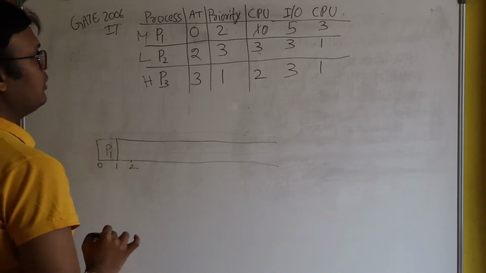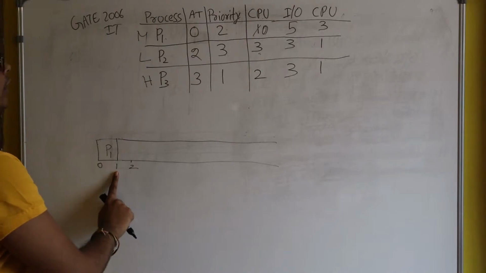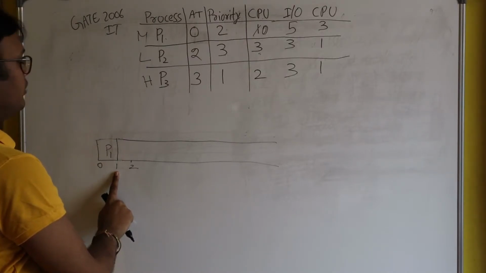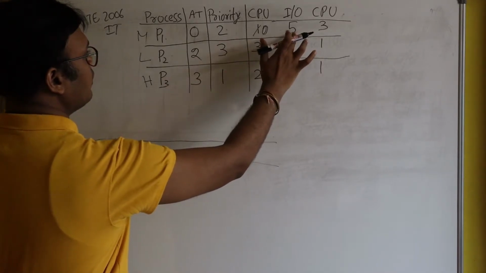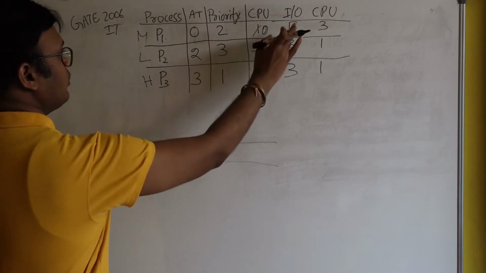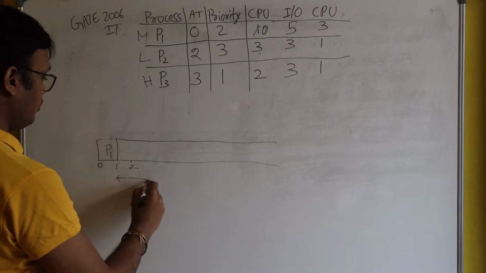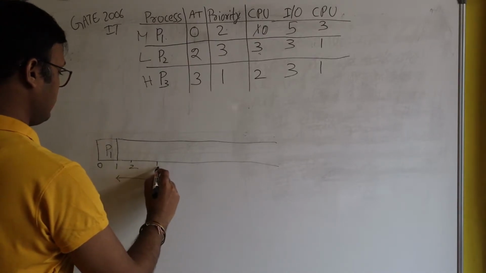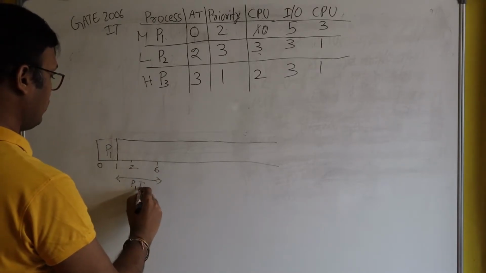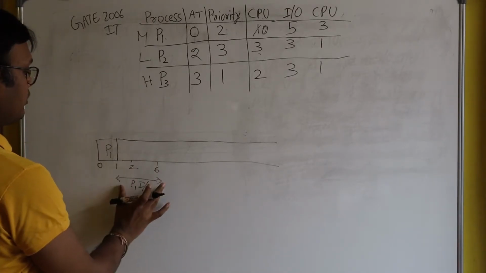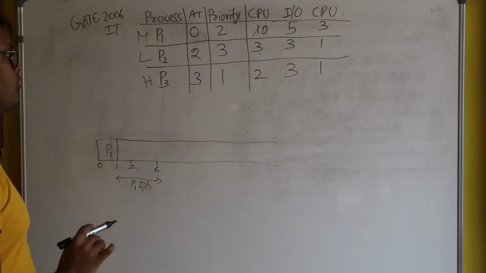Okay. So now after completion of its first CPU burst at 1 second, P1 will be busy with the IO, and the IO is of 5 seconds. It means what? P1 will be busy with the IO from 1 to 6 seconds, because 5 seconds is the IO time for P1.